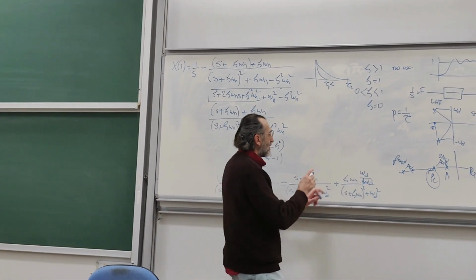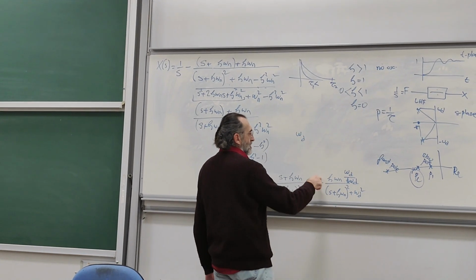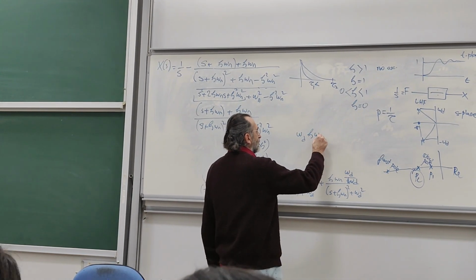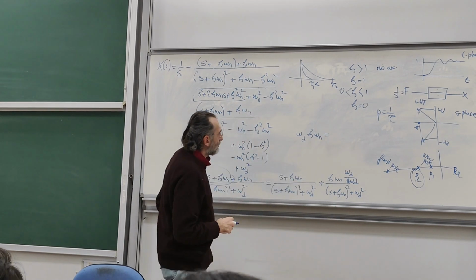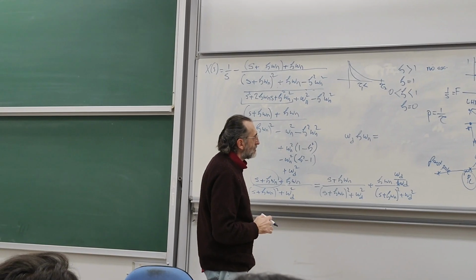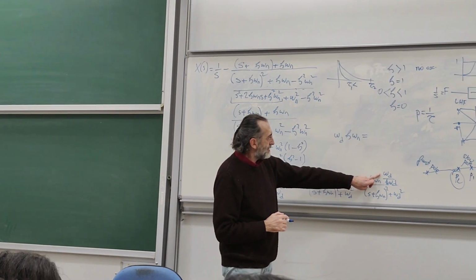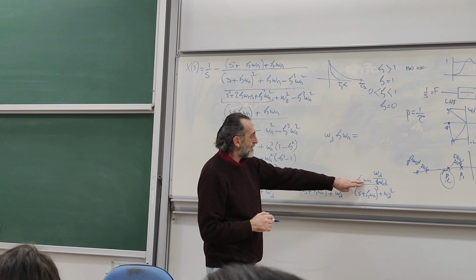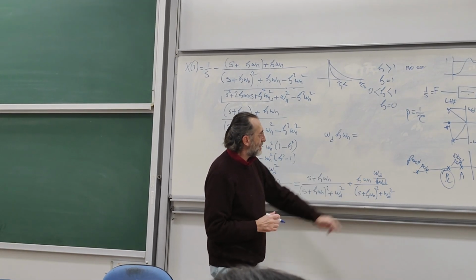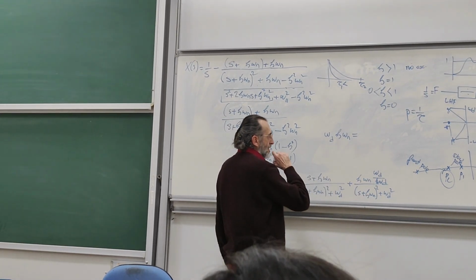So omega d times zeta omega n is going to be omega d times zeta omega n divided by omega d.